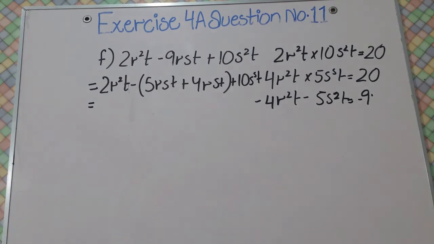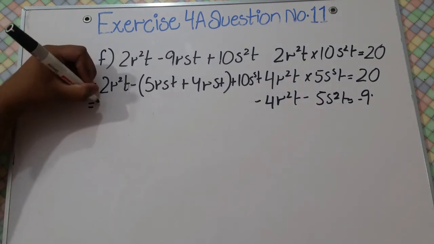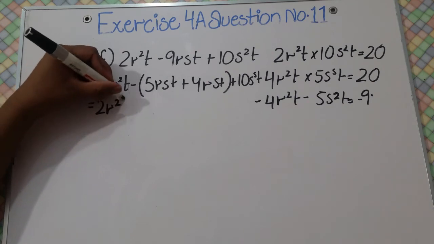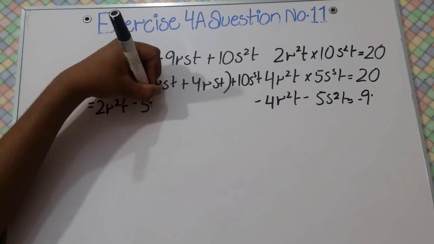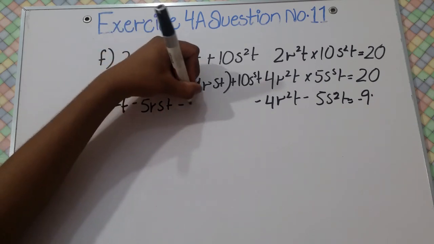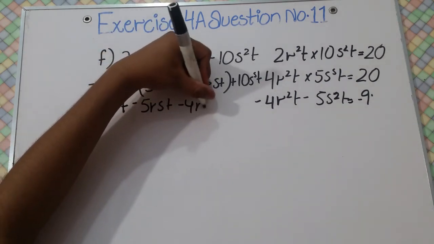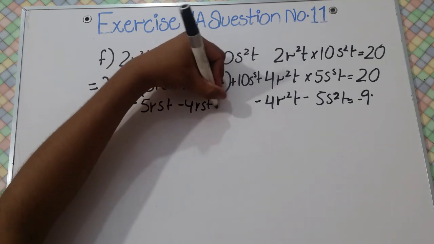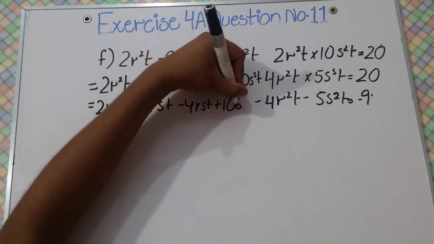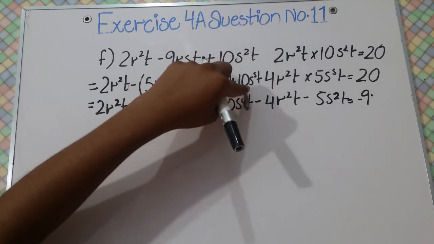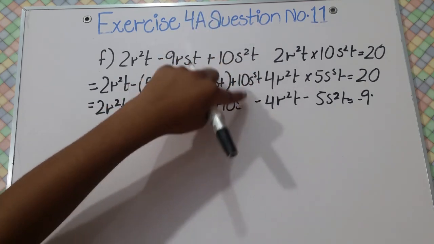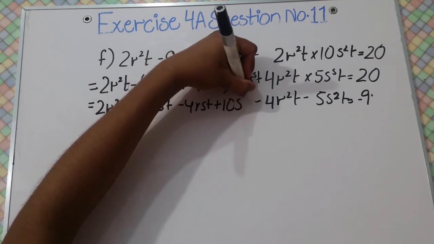Now we are going to open these brackets: 5r square t minus 5rst minus 4rst and plus 10s square t.